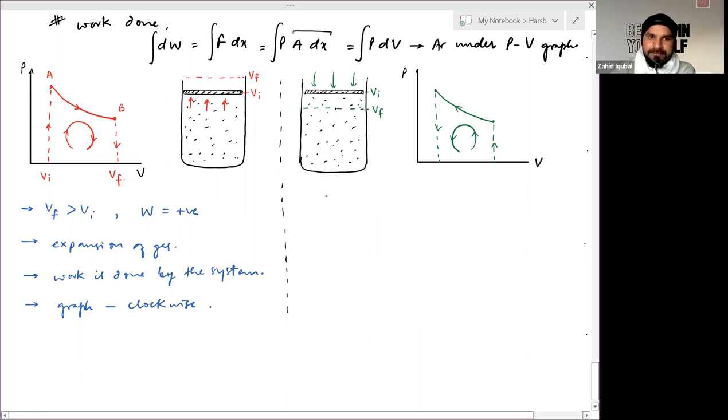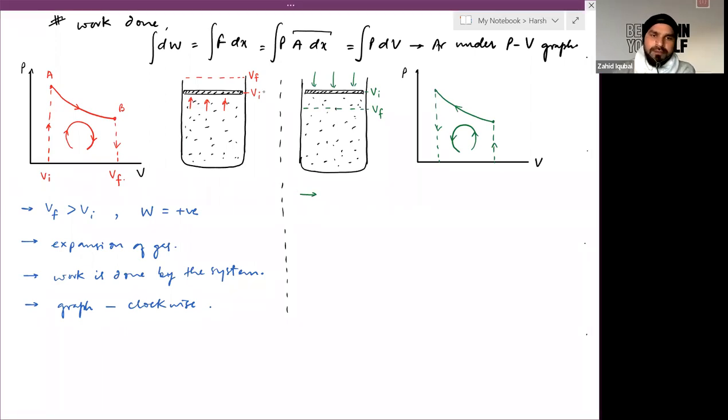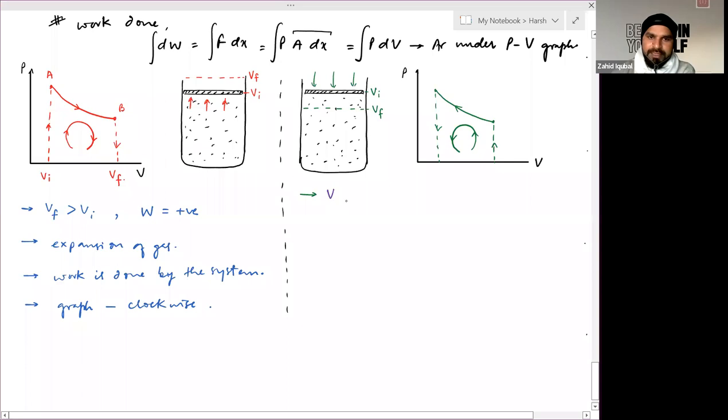For this part, V final is less than V initial, so the change in volume will be negative and hence work done will be negative. In this part, we have compression of gas.